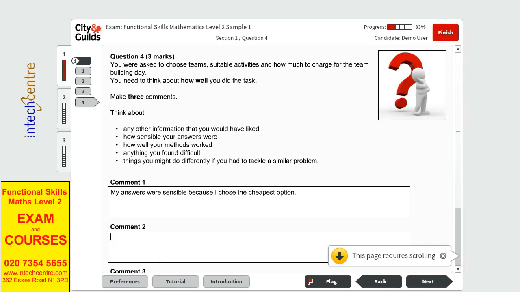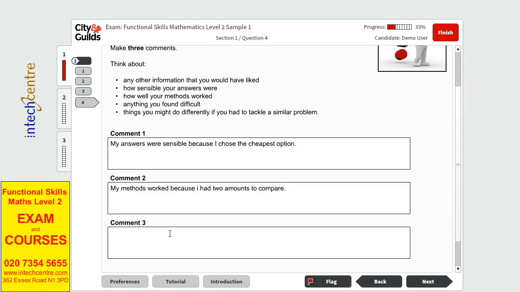The second comment could be related to how well your methods worked, and you could say my methods worked because I had 2 amounts to compare, which allowed you to decide that you will go for the cheapest option.